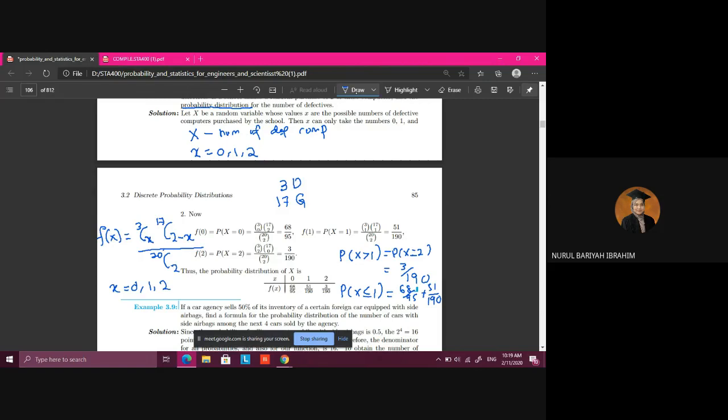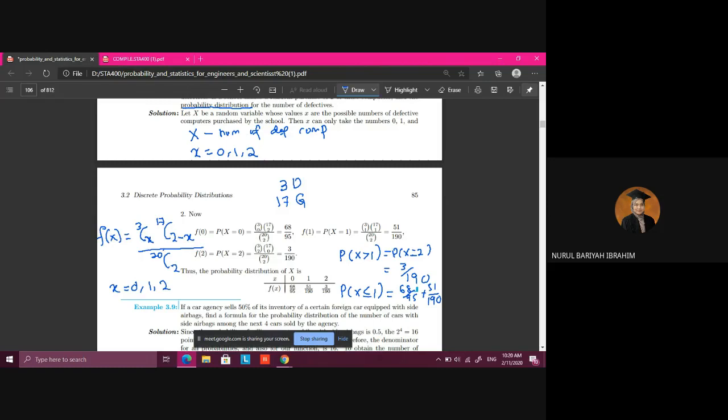Alright. 3C0: if you want to find the probability of X equal to 0, substitute X with 0 here, and you will get this. Right? And then for X equal to 1, substitute here with 1, and here 2 minus 1 is 1, same here. Okay, for 2, 3C2, 17C0, here 2 minus 2 is 0, over 20C2.